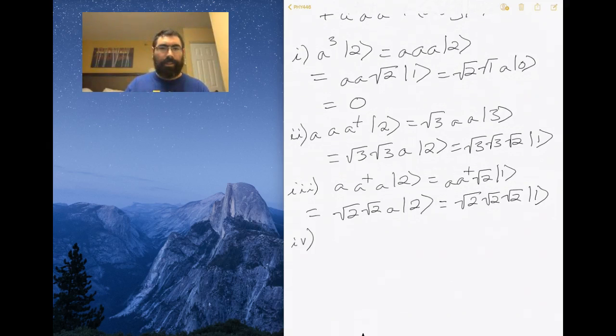The fourth term is a dagger, square root of 2. So that raises it to the third state. That raises it up to the fourth state.